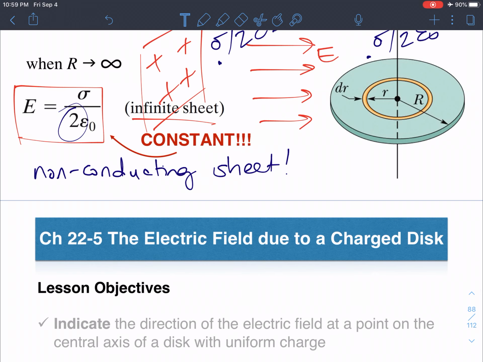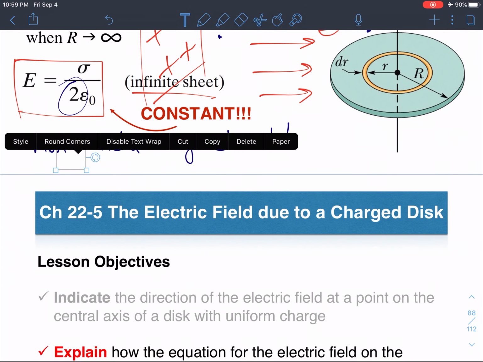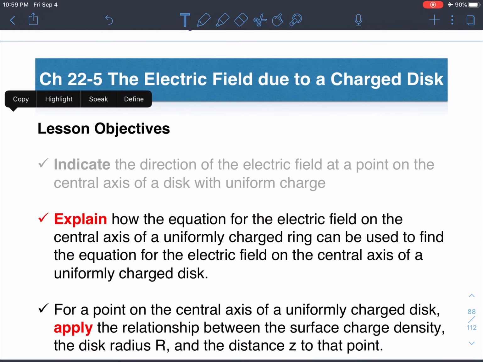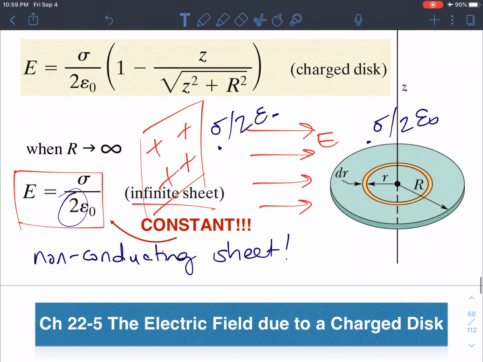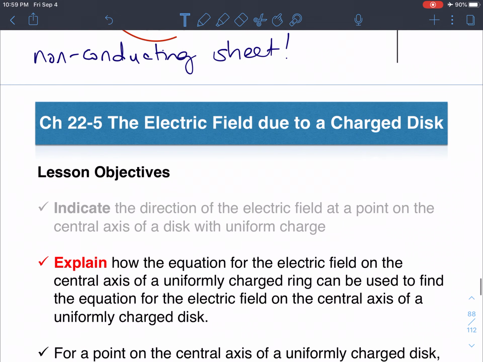So okay, again, this electric field is also given on the equation sheet, and you should check it. There's one for conducting, another one for non-conducting or insulating. Get familiar with these equations, understand what sigma is, and realize that this is constant, not changing with distance.